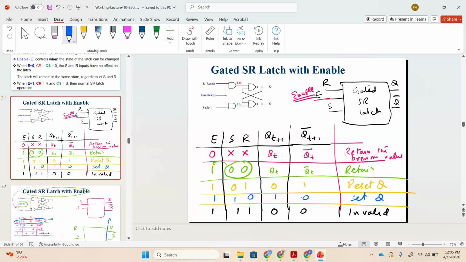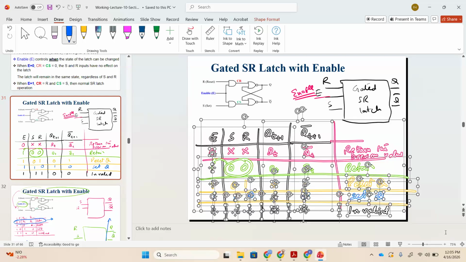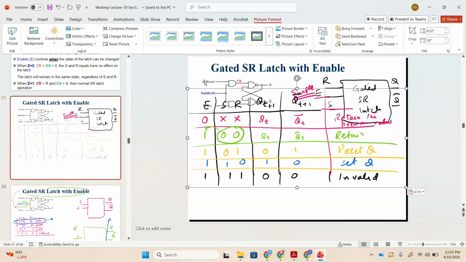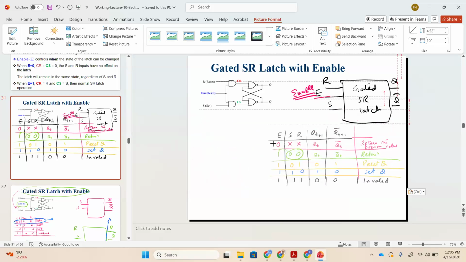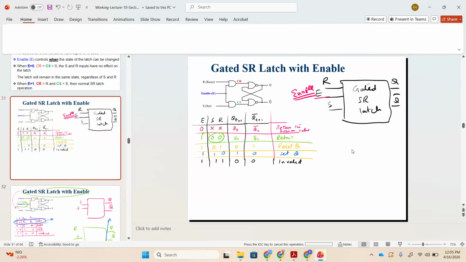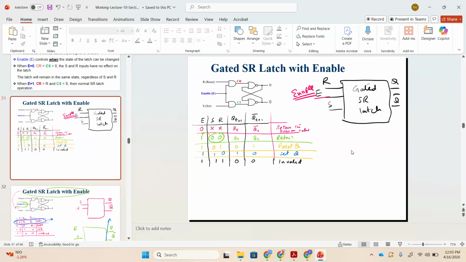Okay, now let us assume that we have E equal to 0, S equal to 1 and R equal to 1. What will be my output?